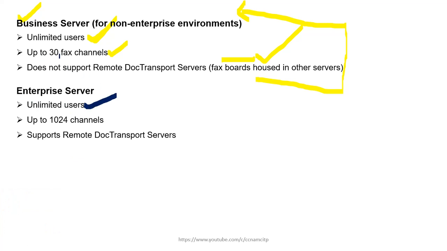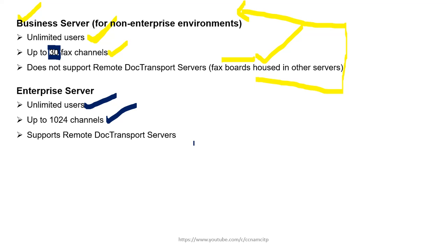But if you look at the fax channels, with business server you are getting 30 fax channels. Now if we talk about enterprise server, you are getting 1024 channels, and yes, it supports remote dock transport server also.